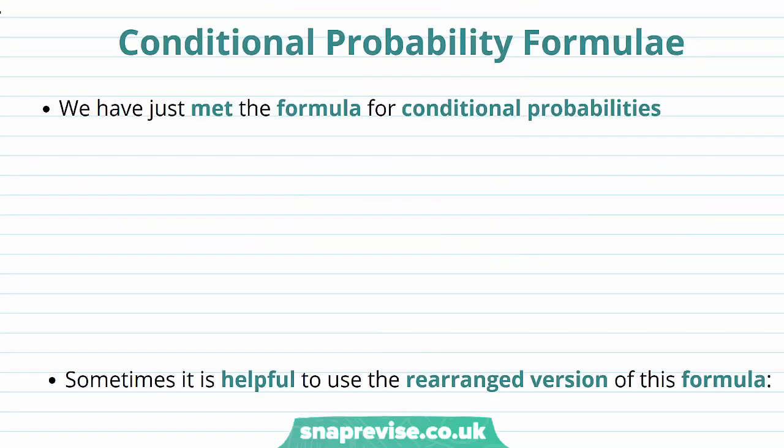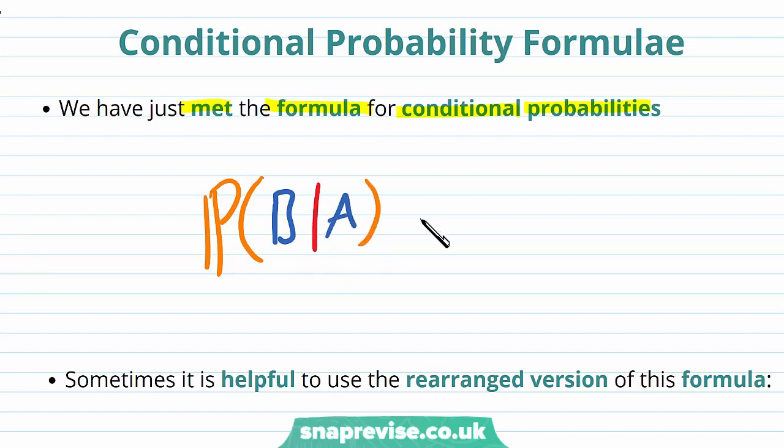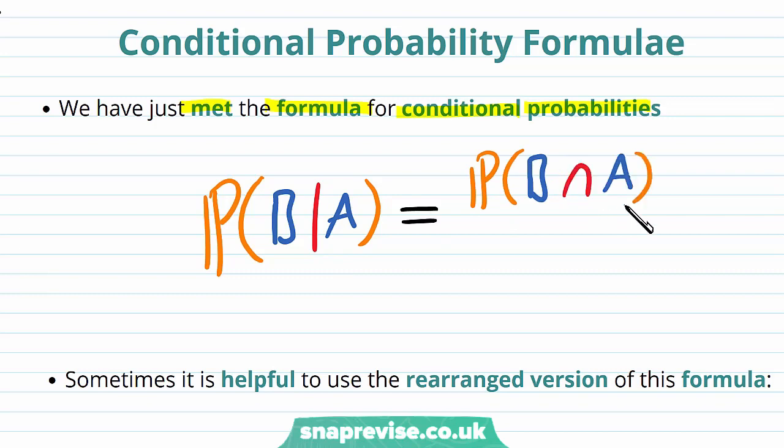So what other conditional probability formulae do we have? We have just met the formula for conditional probabilities. We have the probability of B given the event A is equal to the probability of B intersected with A divided by the probability of the event A occurring.